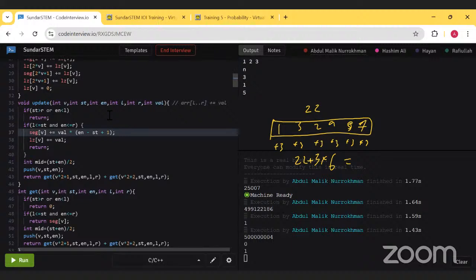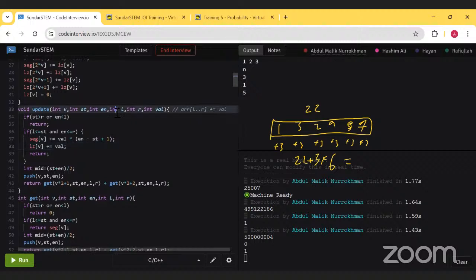Okay, that's correct. Not L and R, because L and R is the range of the query, and start and end is the length of the segment, and we want the length of the segment, not the length of the query.